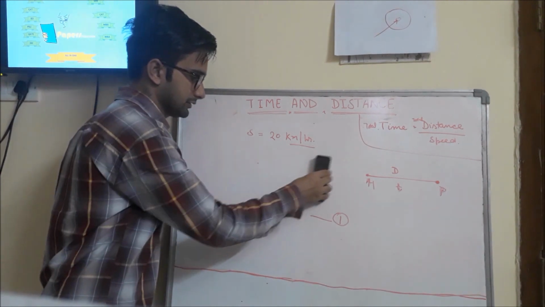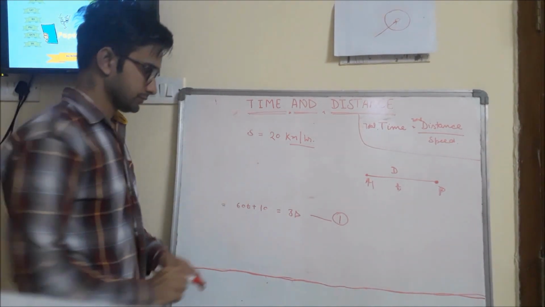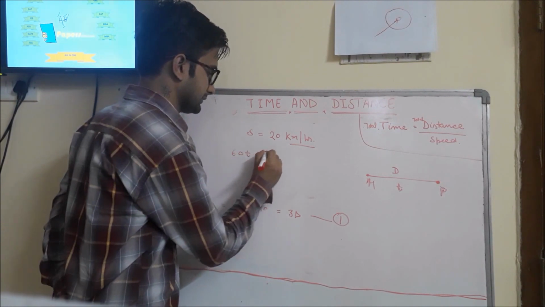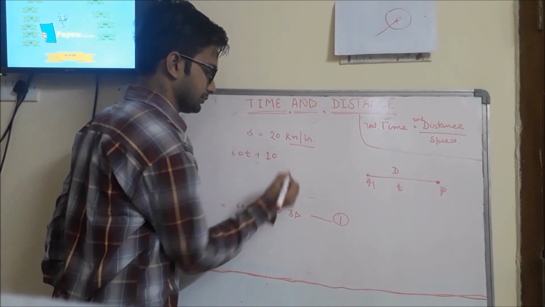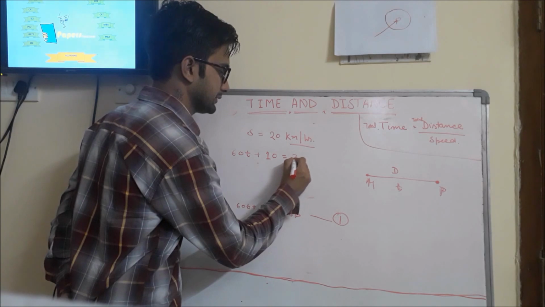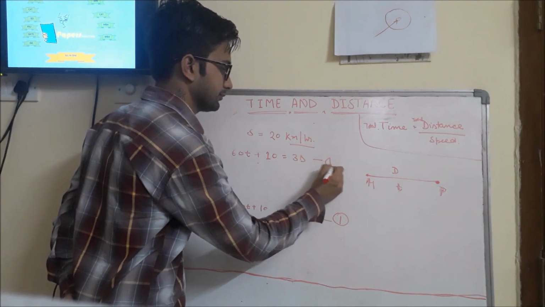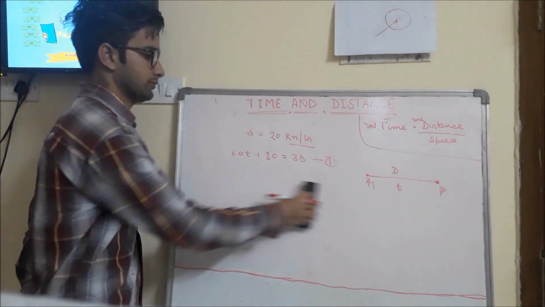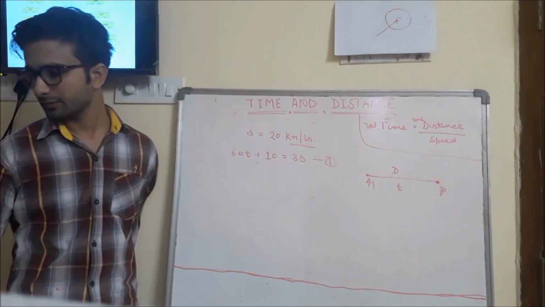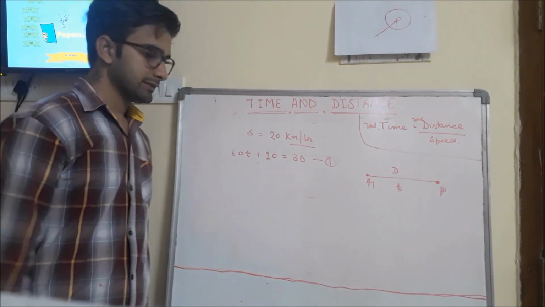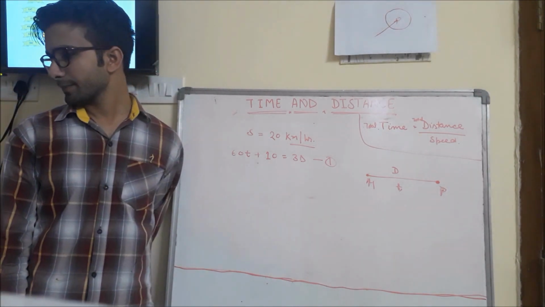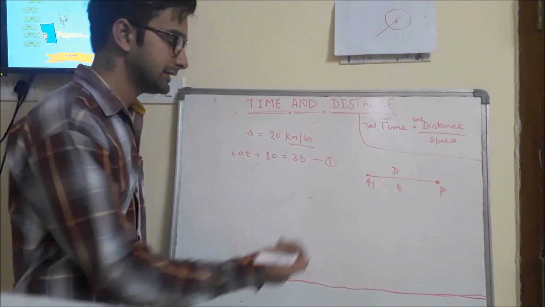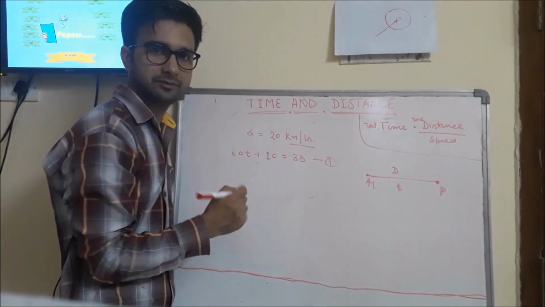So this is our equation 1, and we will be taking only this equation now: 60t plus 10 is equal to thrice of d. Now the second part of the problem. It says he would have reached 20 minutes earlier, which means he has taken less than the usual time.